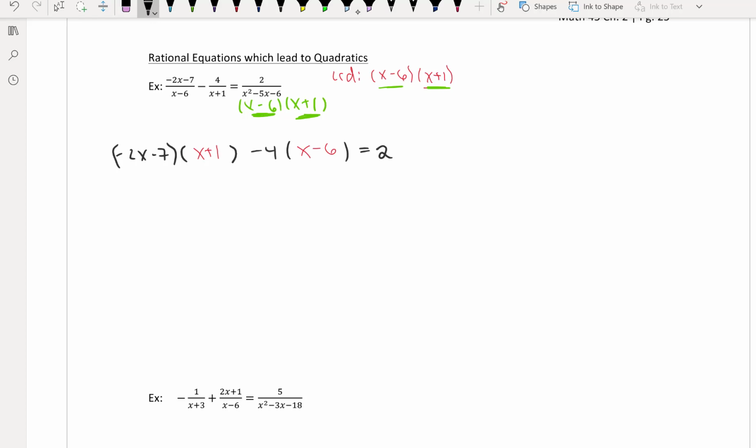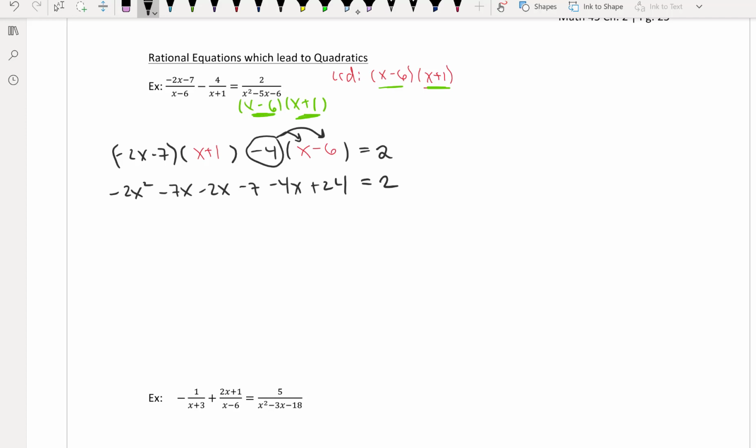So that first one, I'm going to have a negative 2x squared minus 7x minus 2x minus 7. And I'm also going to take this negative 4 and distribute inside the parentheses. So that's going to give me a negative 4x and a positive 24, is equal to a positive 2.